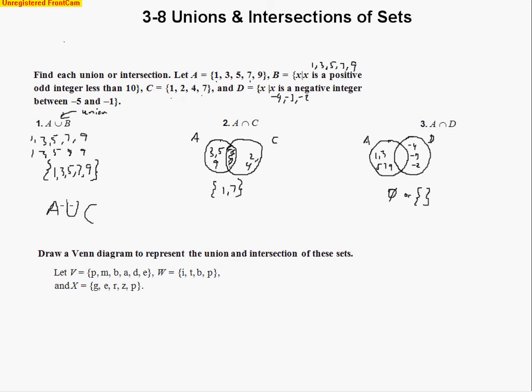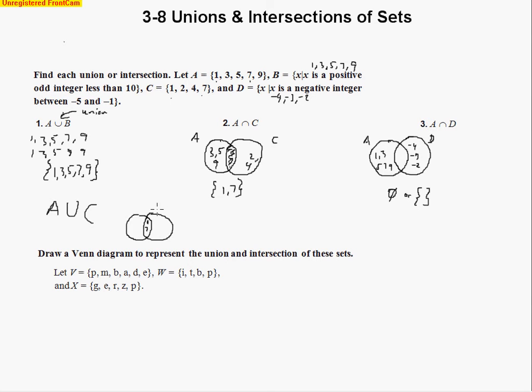But when we're talking about unions, that means we're looking for not only what intersects, but all of what we have for both sets. And so, for instance, A has 1 and 7 that A and C both share.